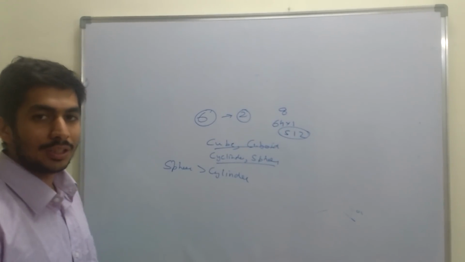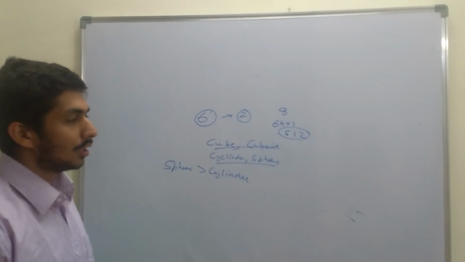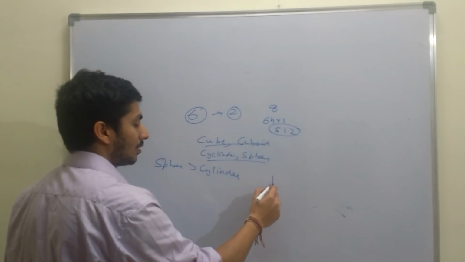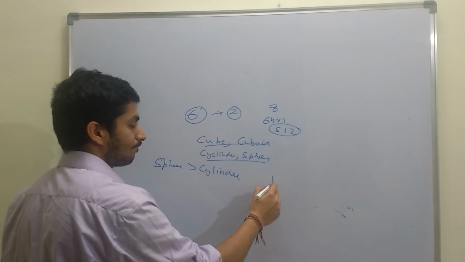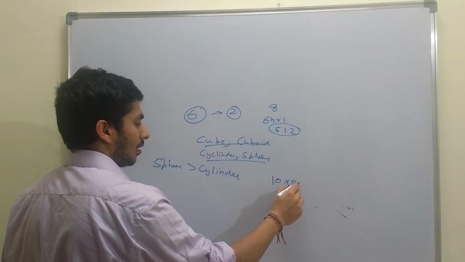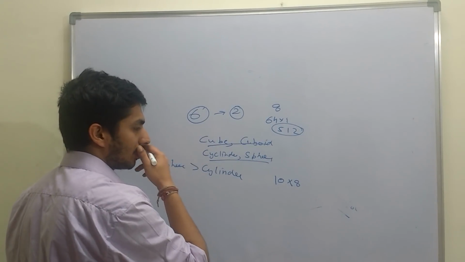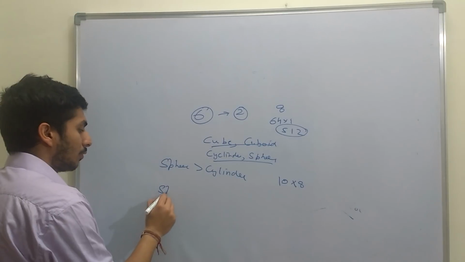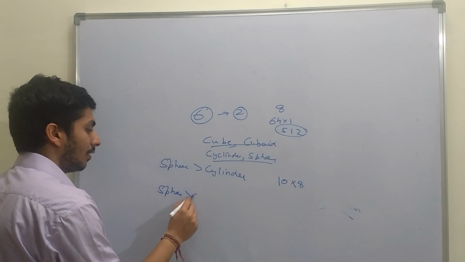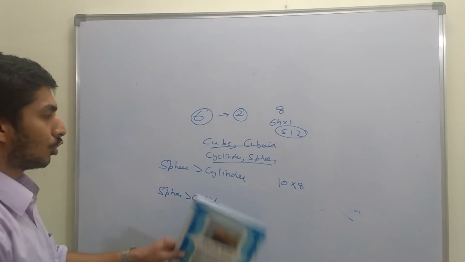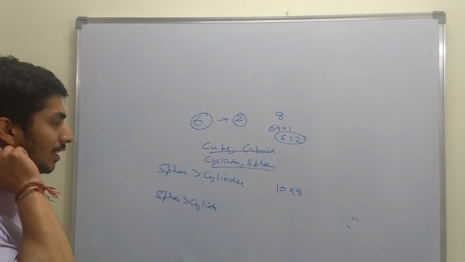So that is the volume of a cube, right? So it came out to be 512, and for the cuboid the dimensions were given as I think 10 into 8 into 6 or something like that. I'm not sure. But I know it was sphere, then cylinder, and then whatever the dimensions of the cuboid were given to you. For the cube you got 512.